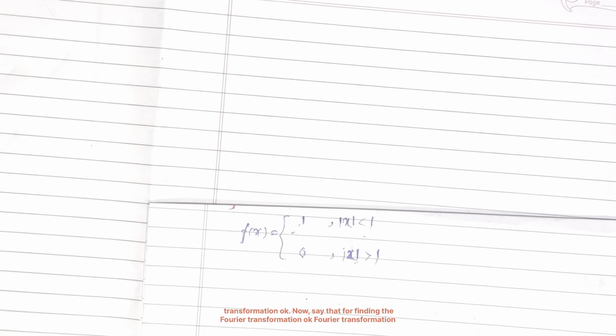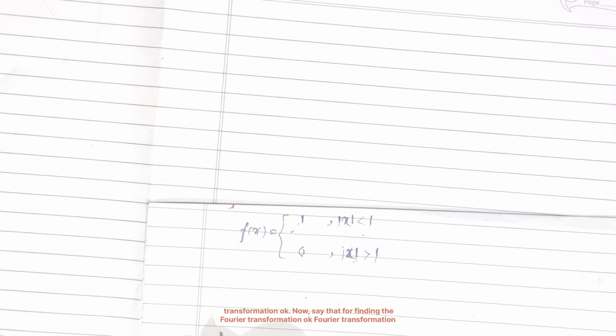For finding the Fourier transformation of a function, how can we write it? Consider the Fourier transformation of f of x.